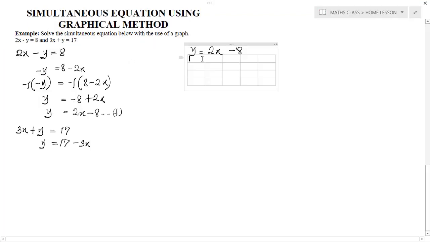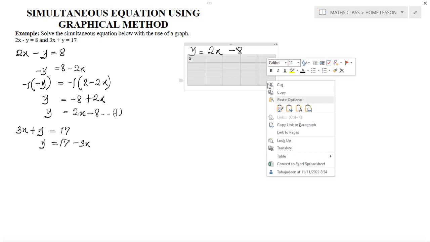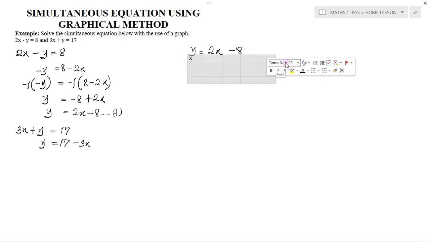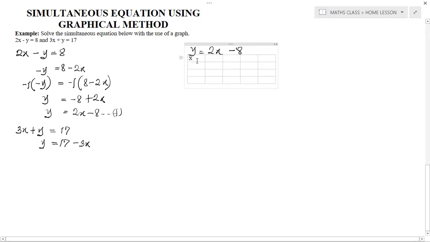Here I'm going to write x. Let me restructure it very well so that we can have something tangible. Here is x, small letter x, and here I will have my values written.